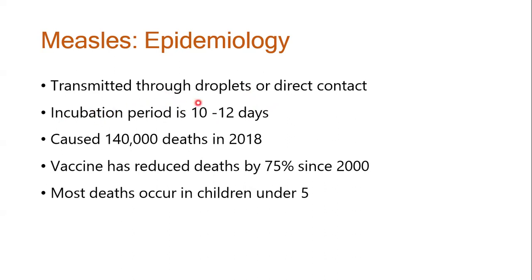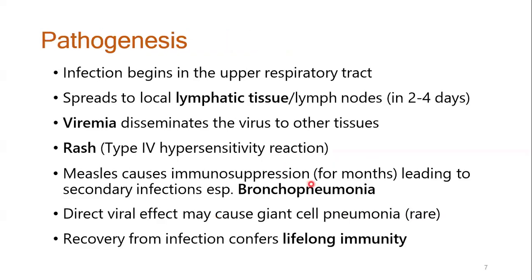So if someone coughs at you and you breathe in the respiratory droplets, 10 days later you start developing symptoms. It caused 140,000 deaths in 2018. The vaccine has reduced deaths by 75% since 2000. So it had a very high prevalence, but these days, due to vaccines, we are doing good. Most deaths occur in children under 5 due to immunocompromise. Your immune system is not well formed before you turn 5 years old.